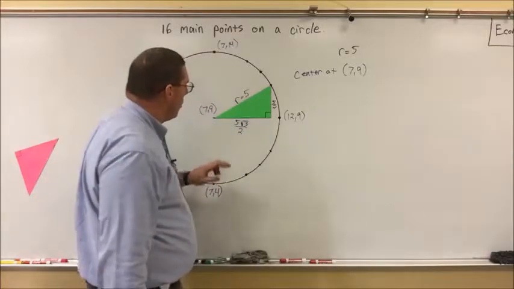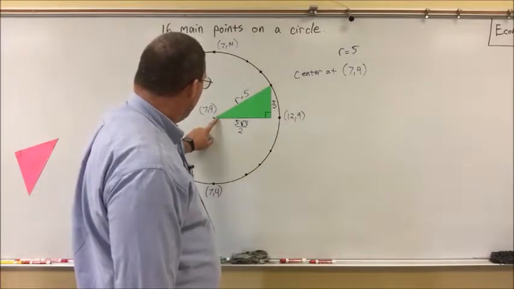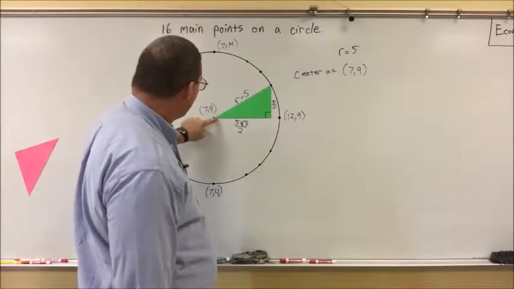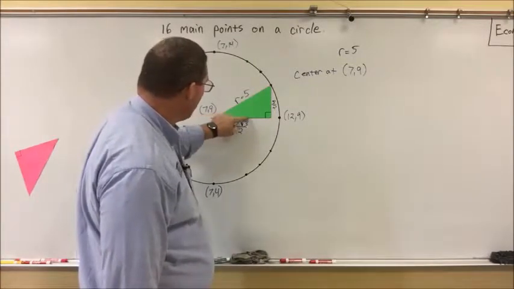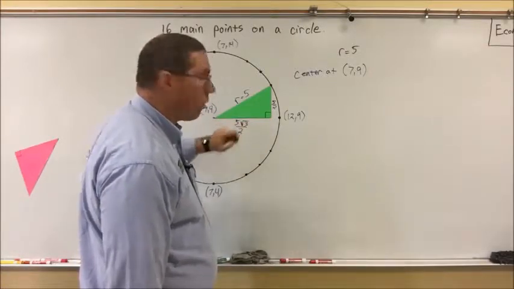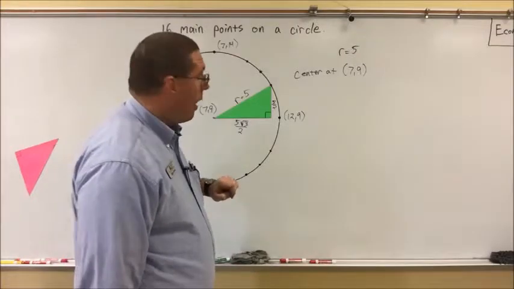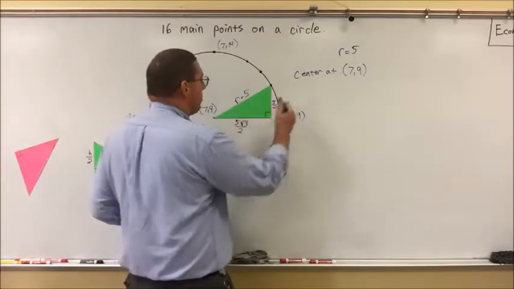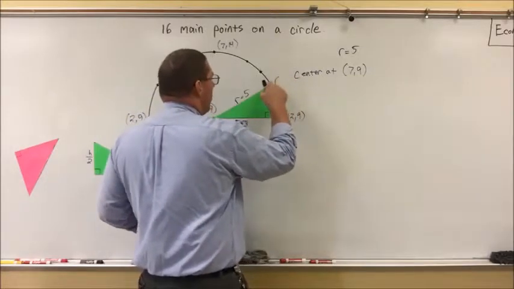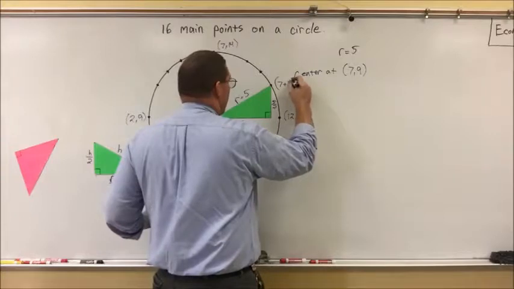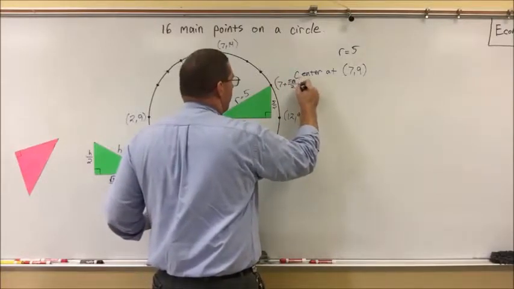The horizontal distance from the center over to this point is 5 square root of 3 over 2. And so the x coordinate is increasing by 5 square root of 3 over 2. So the x coordinate of this point is 7 plus 5 square root of 3 over 2, comma.